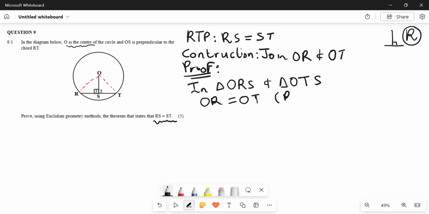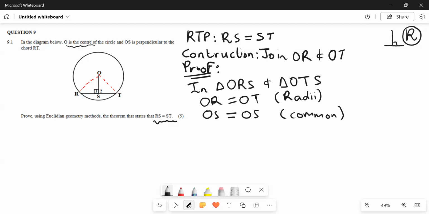right? The reason is what? Right? And then OS is equals to OS. The reason common. Right? That's good.